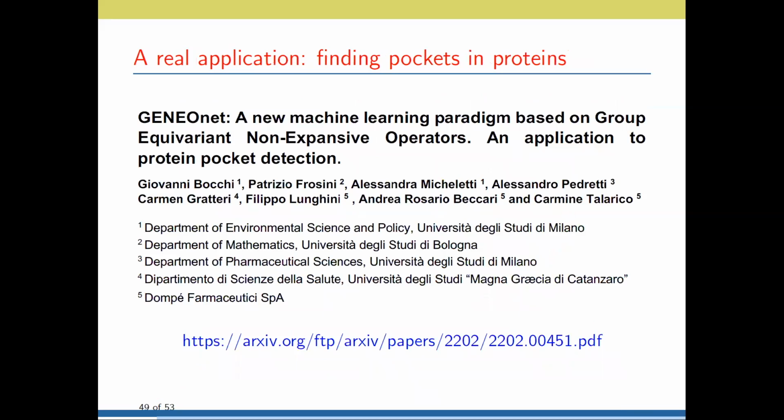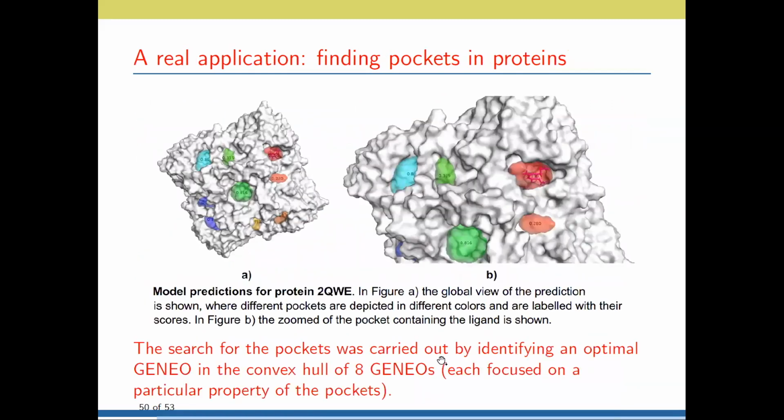Now a real example, a research that we are doing on proteins and drugs. So we have this preprint, GENEONet, a new machine learning paradigm based on group equivariant non-expansive operators, an application to protein pocket detection. And we have proteins. On the left, you can see the protein 2QWE, and you can see pockets.